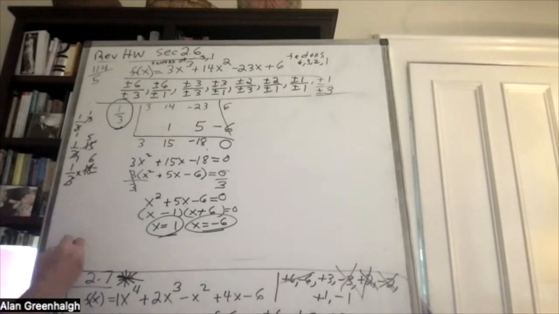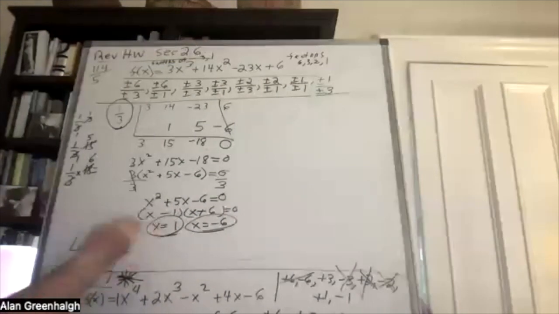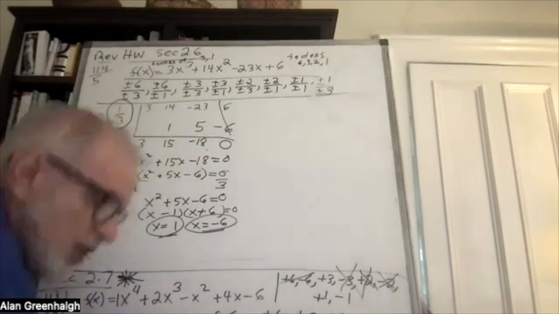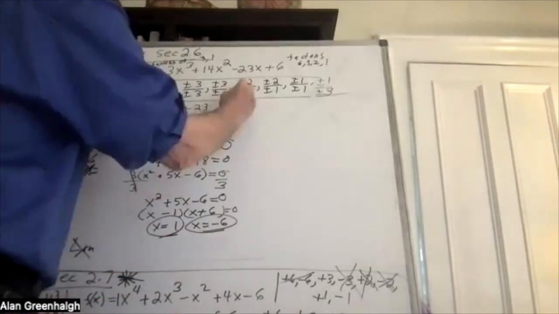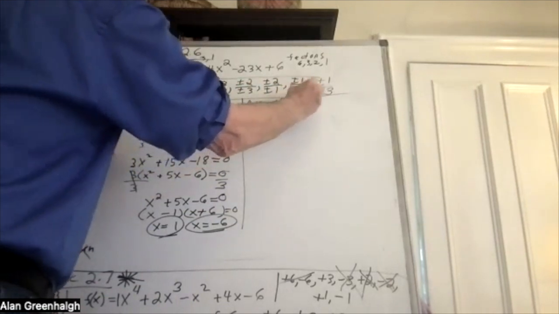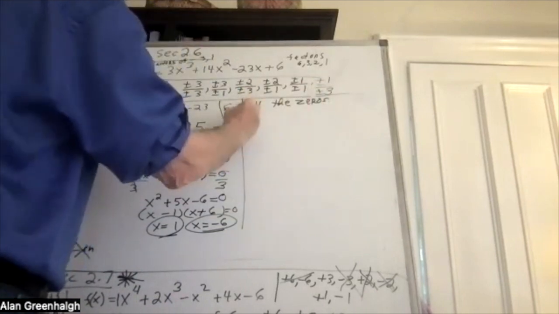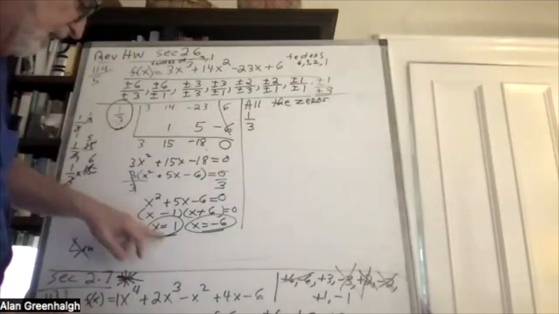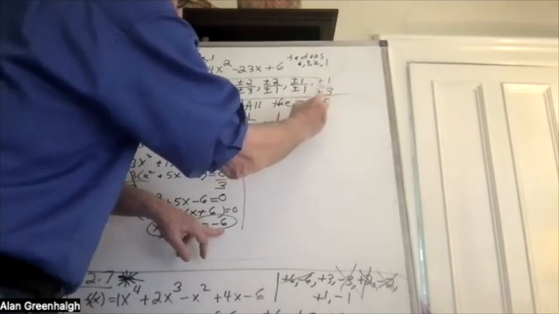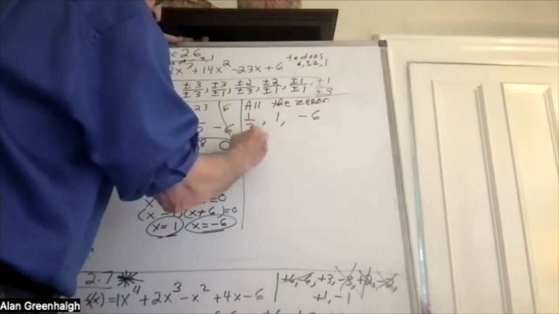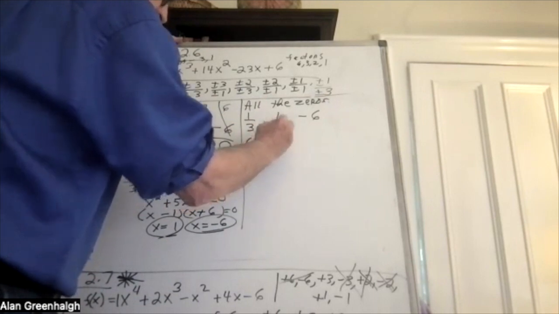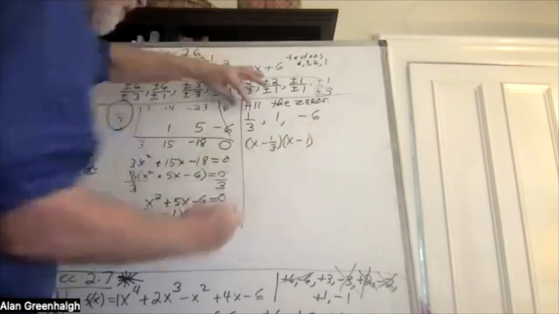So the linear factorization. First of all, let's not do it here, let's do it over there. The zeros will be 1/3, that's the one they gave us, x equals 1, that's the one we just found, and negative 6. And the factors are x minus 1/3, x minus 1, and x plus 6, the opposite of what we have.